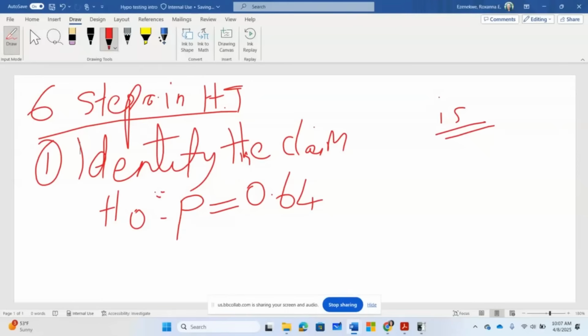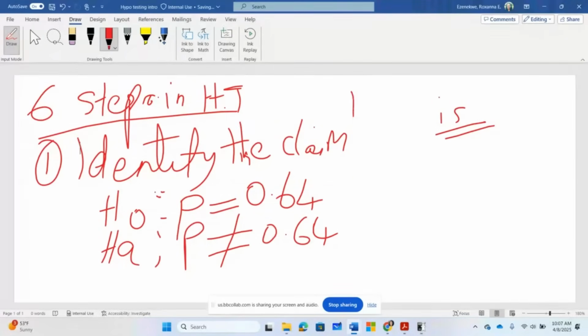Well, if somebody does not agree, then there's an alternative hypothesis. And that alternative hypothesis will say the opposite of equal sign, not equal to. And I want you to know that not equal to can be greater than or less than. So the next thing you want to do after you identify the claim, this is still step 1, you draw a normal curve.